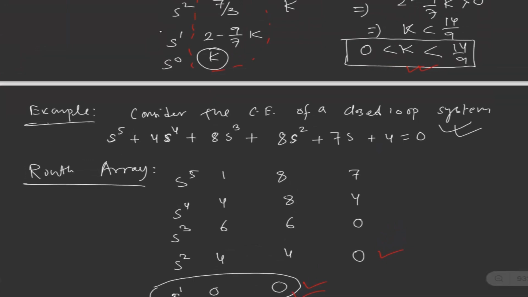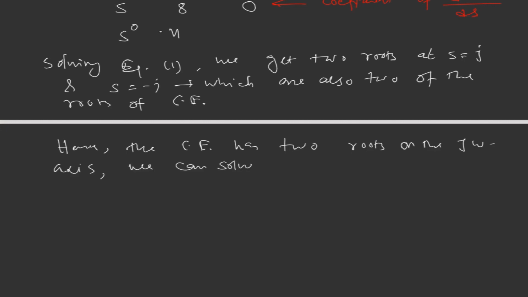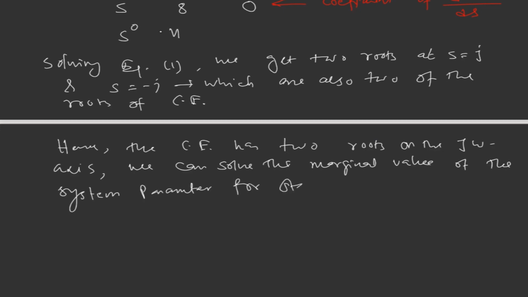Thus we can write, hence the characteristic equation has two roots on the j omega axis, and we can solve for the marginal value of the system parameter for system stability.